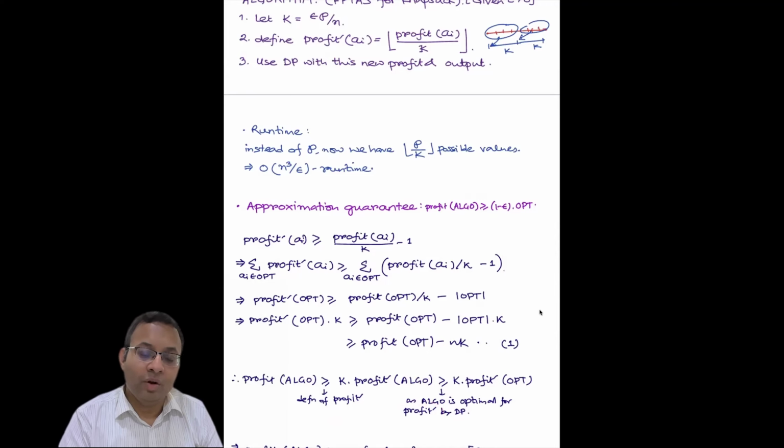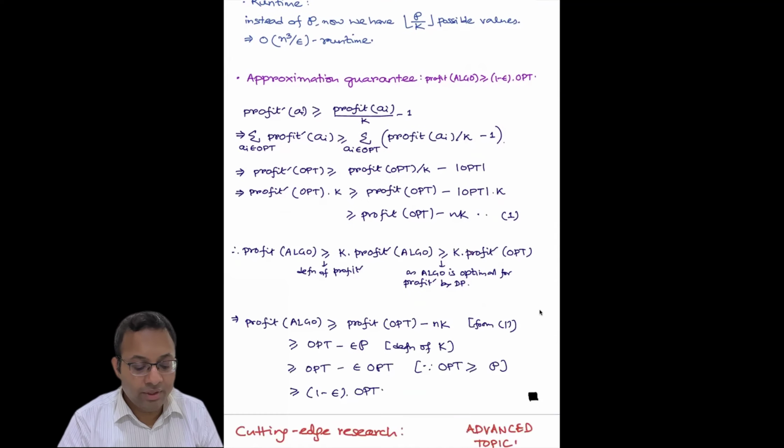We are running on profit prime, and for that the DP is optimal. So for profit prime, profit prime of algo is more than profit prime of opt. Opt was optimal on the profit function, but now we talk about the profit prime function, and in the profit prime function, algo is optimal, not opt. This is very critical.